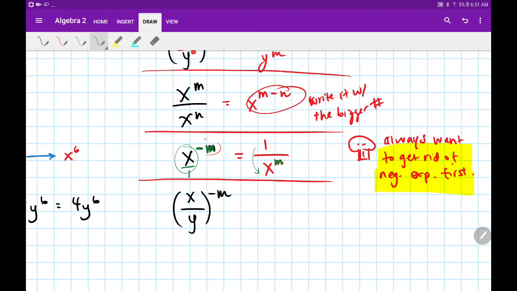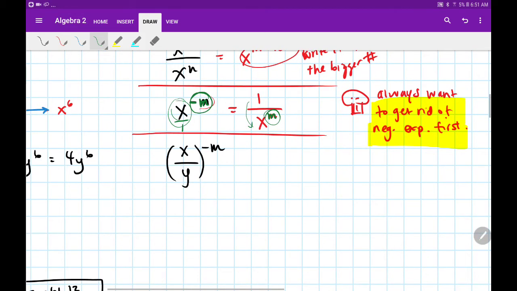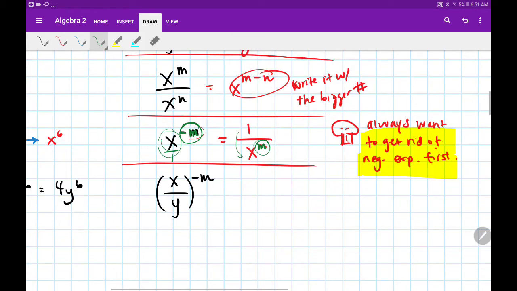Okay, so you can transform your exponent, get rid of the negative, but you have to move the base. So this was x in the top, it moved into the denominator. Similarly, notice that what we're really dealing with here is a reciprocal. It was x over 1, and now it's 1 over x.